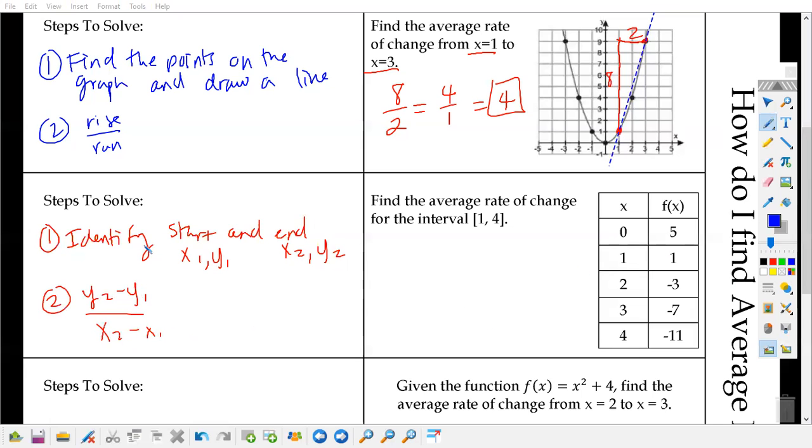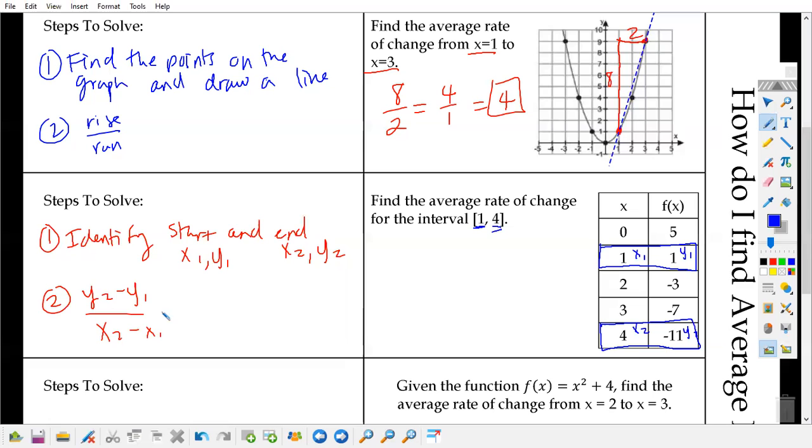So step 1 is identify our start and end. So our start, it says from 1 to 4. So where am I starting at? 1. So this is my x1. This is my y1. Where do I end at? 4. So this is my x2. This is my y2.